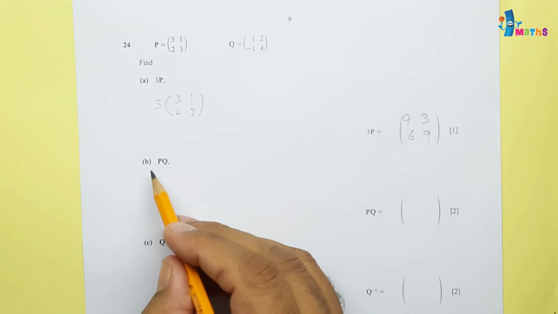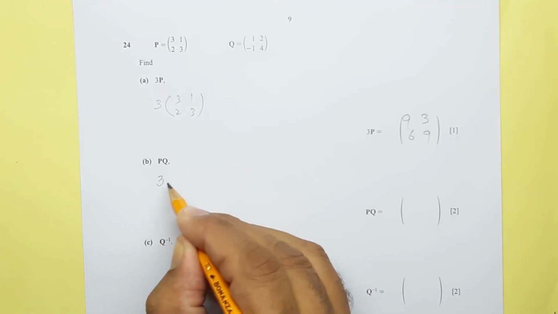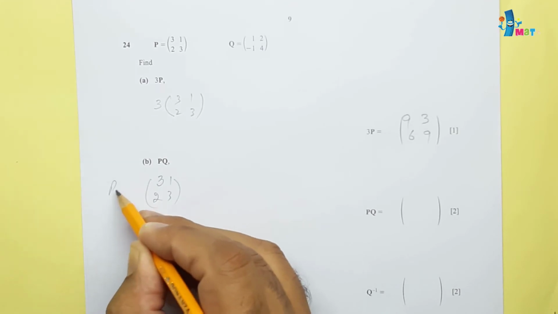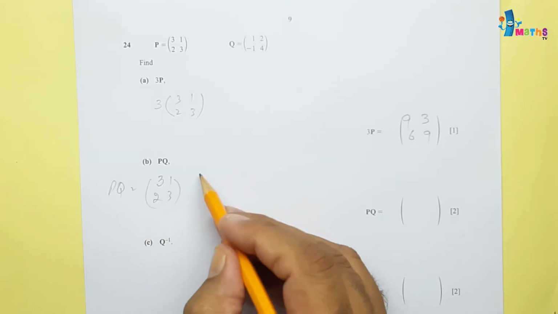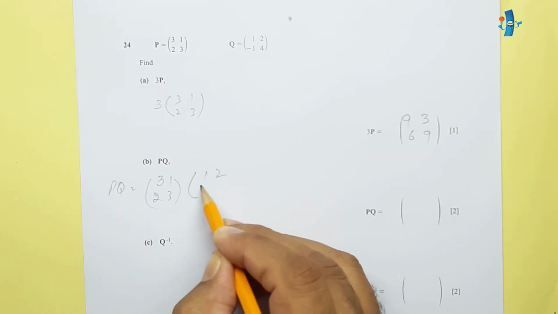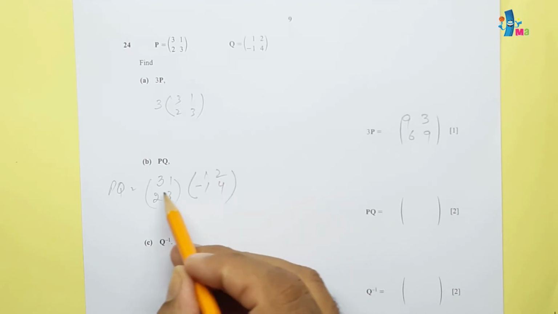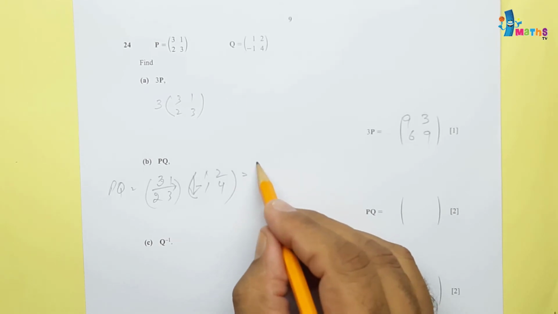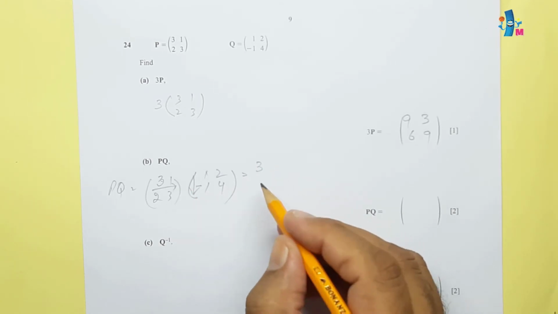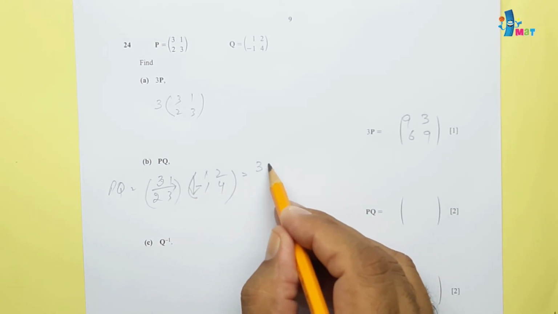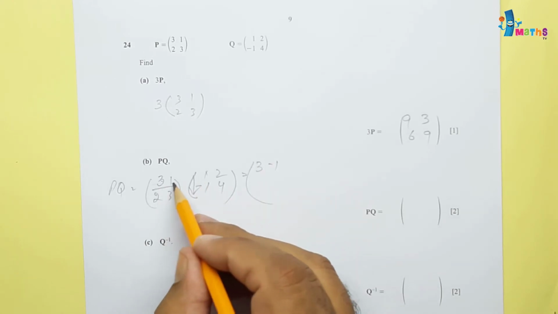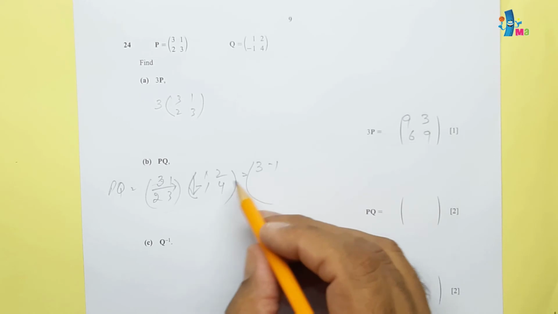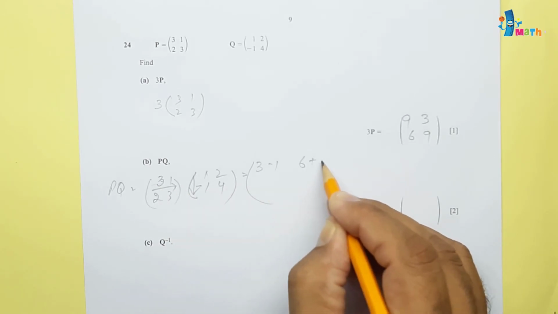Then PQ. PQ will be P into Q, P is this one, 3, 2, 1, 3, and Q is 1, 2, minus 1 and 4. So this row and this column will be 3 and minus 1, so it will be 3 minus 1. Then this will be 6 plus 4.